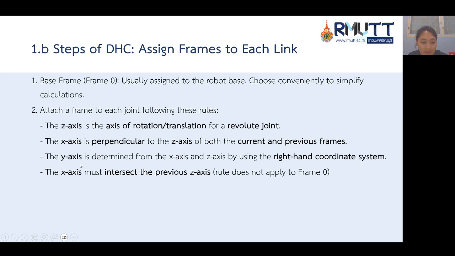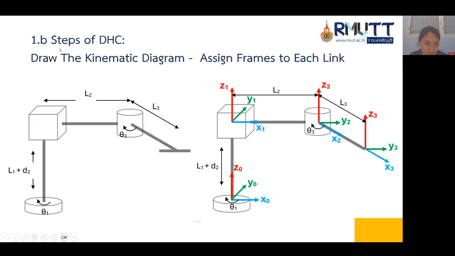The y-axis is determined from the x-axis and z-axis by using the right-hand coordinate system. And the last, the x-axis must intersect the previous z-axis, but this rule does not apply to frame 0. So these are the steps for 1B.